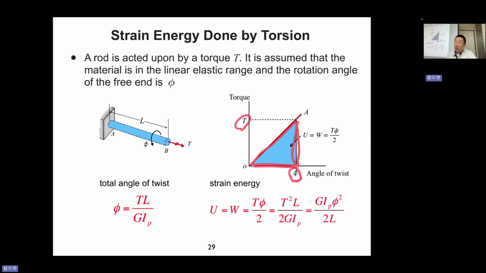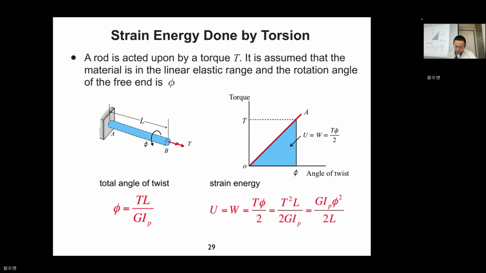The area will be the work done, and the work done will ideally equal the stored energy in the material, which is called strain energy. You can imagine that in chapter 2, here is force, here is displacement. So your strain energy U equals W equals T times phi divided by 2.